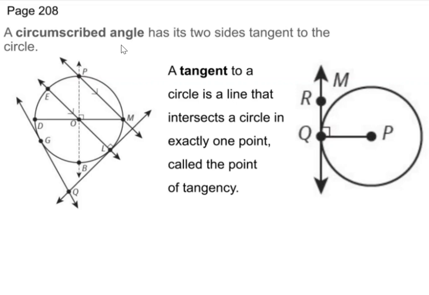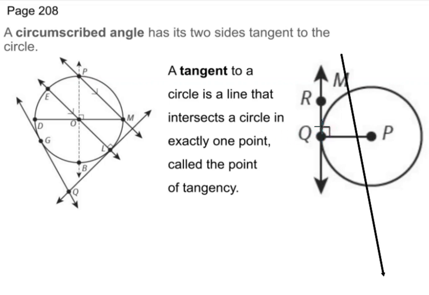Next thing is a circumscribed angle. It has two sides tangent to a circle. So here is a tangent line, and the definition of a tangent to a circle is a line that intersects a circle at exactly one point. If we think of a chord, which we learned about earlier today, a chord is a line that intersects at two points, and a tangent would intersect at only one point.